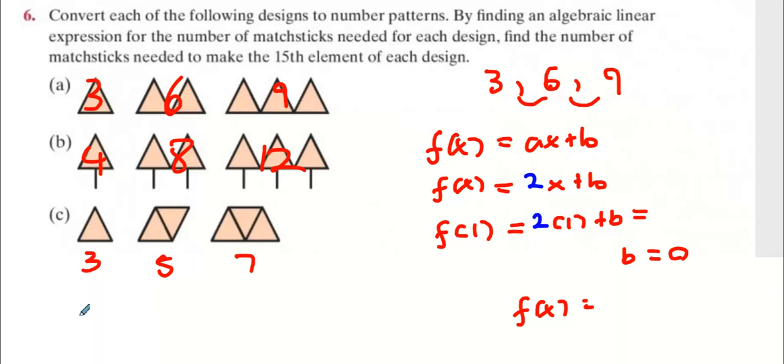And what's f1, so to speak? f1 equals 3. 2 plus b equals 3. So what does b equal in this case? b equals 1. So the answer this time will be 2x plus 1.